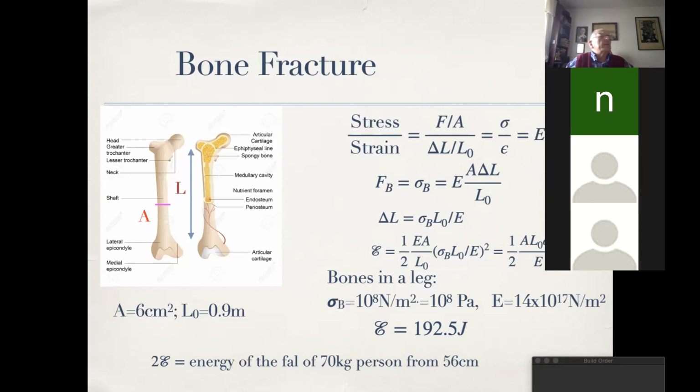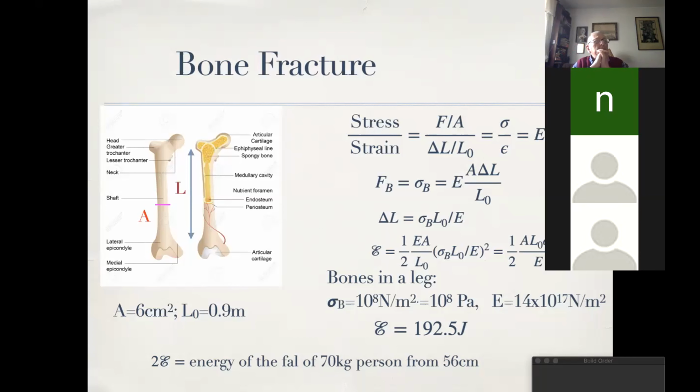So if I divide it by the mass of 70 kilograms and the gravitational acceleration g, then I calculate the height from which I have to jump in order to store so much energy in the bone. So it turns out that if I jump from the height of 56 centimeters, 60 centimeters, then my bone will crack. And everyone knows that we can easily jump from much higher heights without breaking our legs.